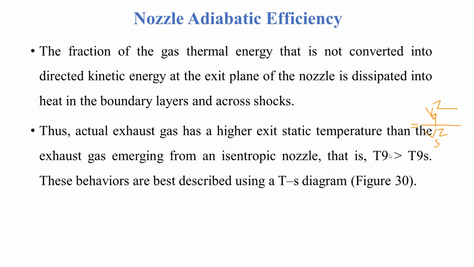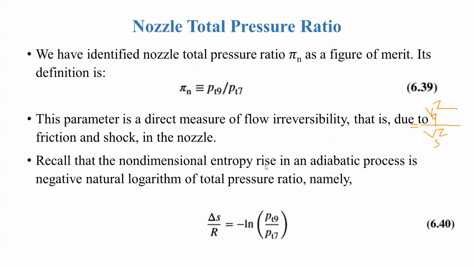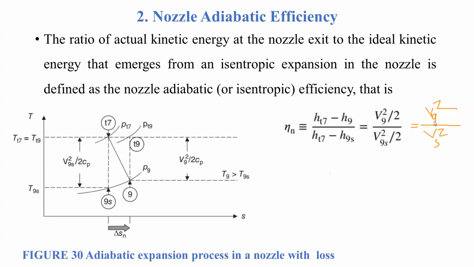That means T9 is greater than T9s. This behavior is best described using a TS diagram, as we have discussed here. The TS diagram describes this phenomenon. Let me remove this.